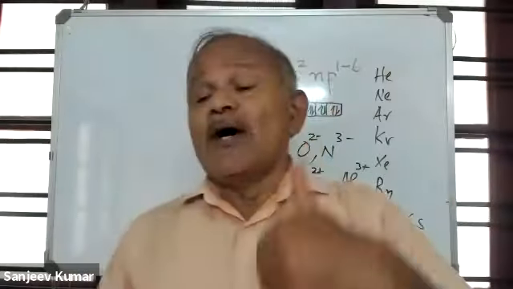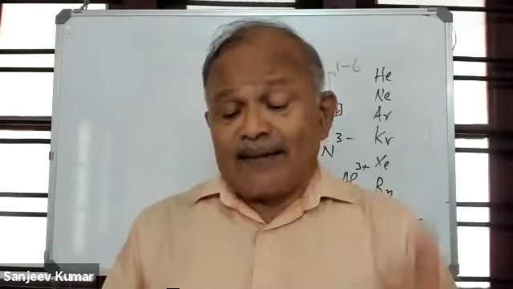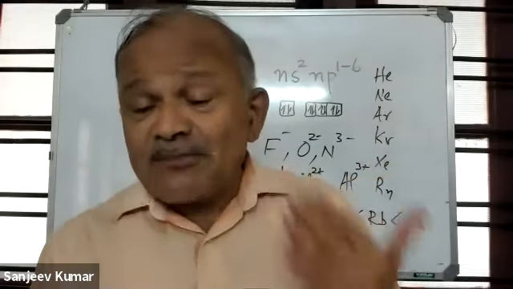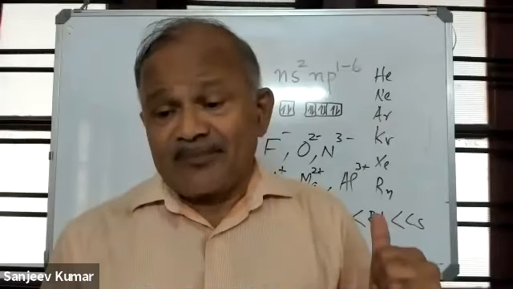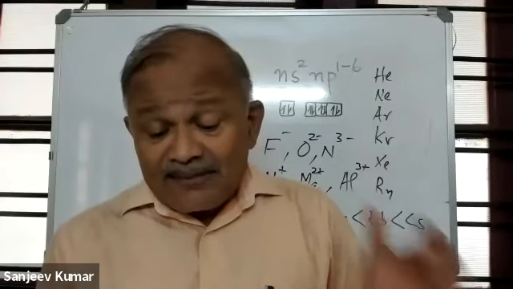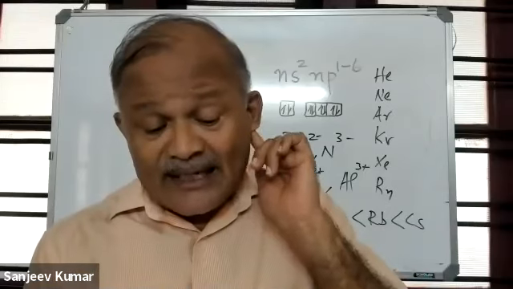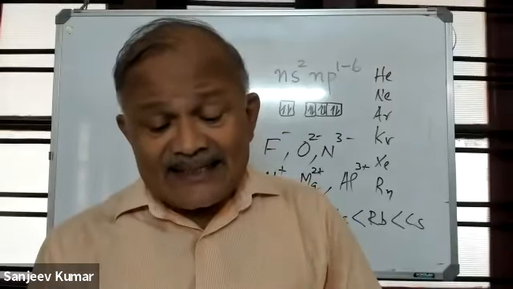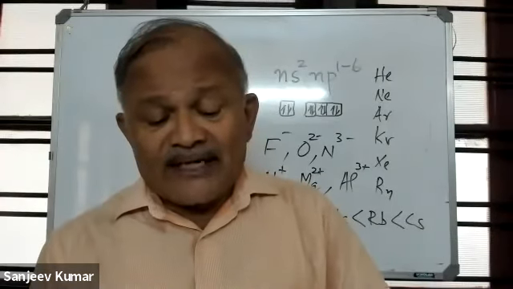Magnesium is below beryllium in the second group, and therefore magnesium has electronegativity less than even beryllium. Therefore, the order is: maximum value is for oxygen, then nitrogen, then beryllium, then magnesium.